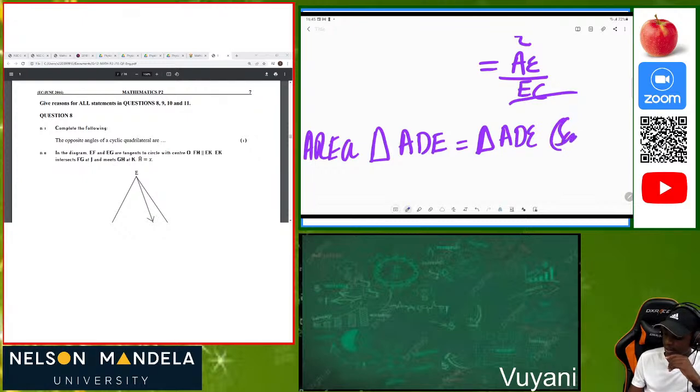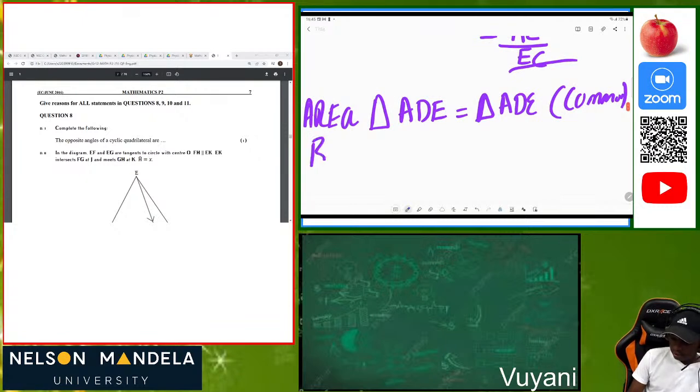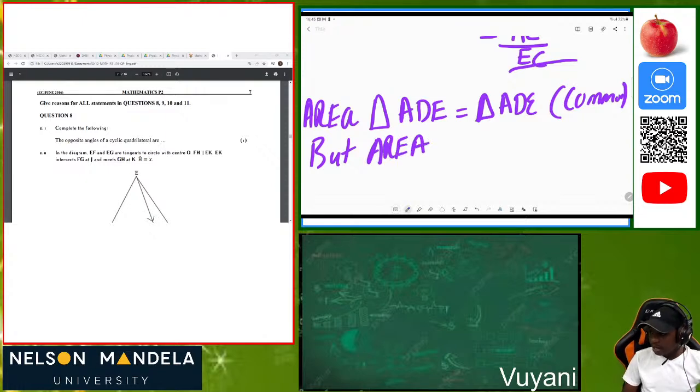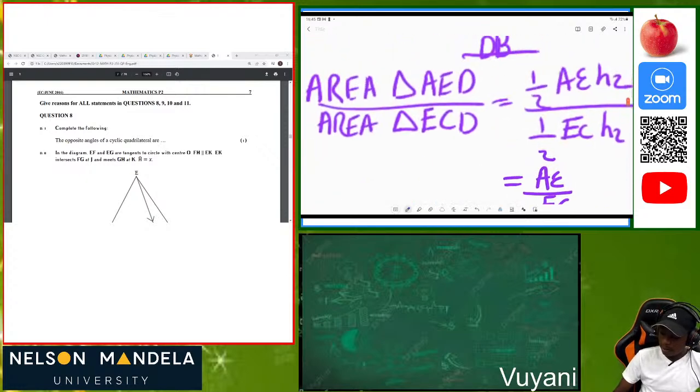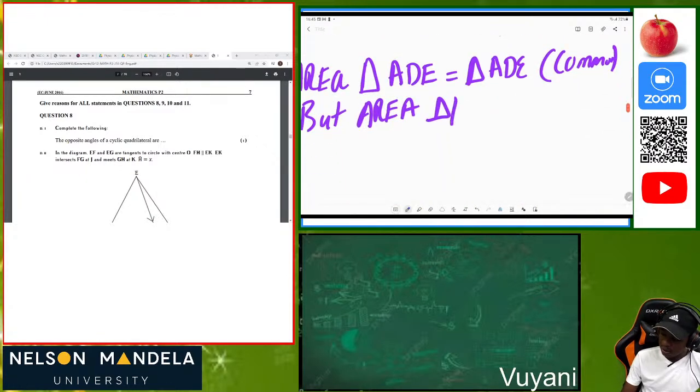They have the same height. They are common, sorry. Now, also, the area of triangle ECD.